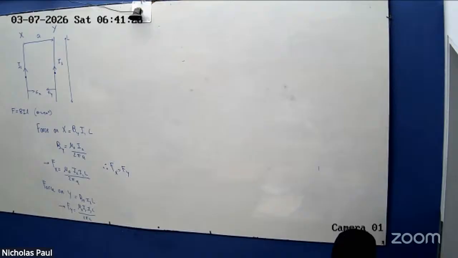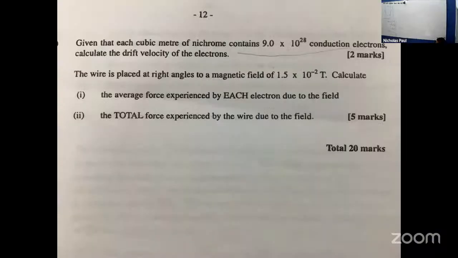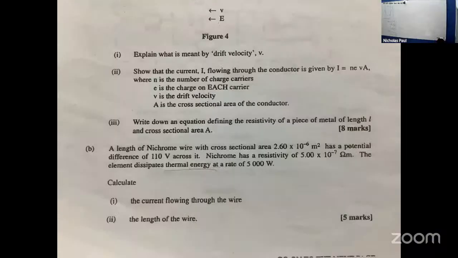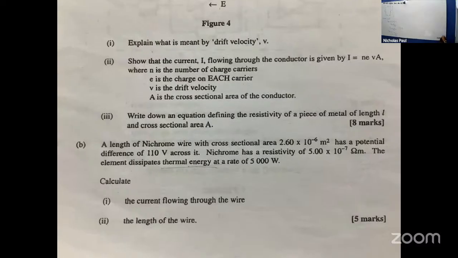So go back to your drift velocity question. See if you remember this now. It was drift velocity and resistivity. Go back to this now because you need the values.